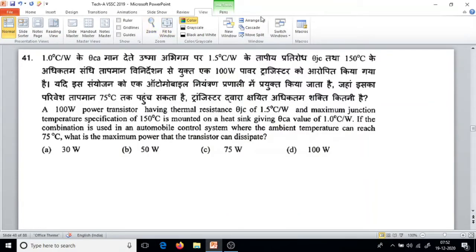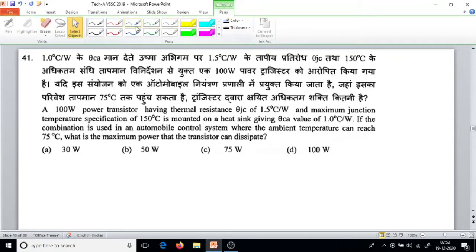Question number 41. A 100-watt power transistor having thermal resistance theta JC, that is between the junction and the case, of 1.5 degree Celsius per watt, and maximum junction temperature specification of 150 degree Celsius is mounted on a heatsink giving theta CA value of 1.0 degree Celsius per watt.